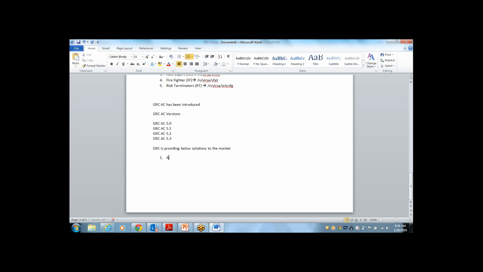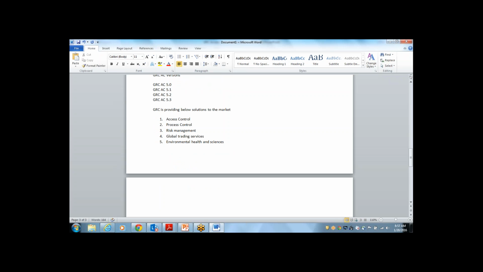Those solutions are: number 1, access control; number 2, process control; number 3, risk management; number 4, global trade services; number 5, environment, health and safety. These five solutions are available from GRC.